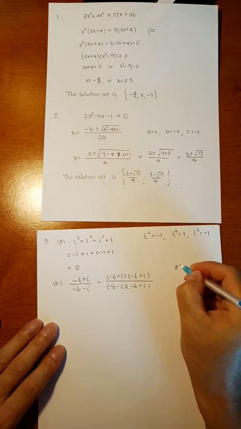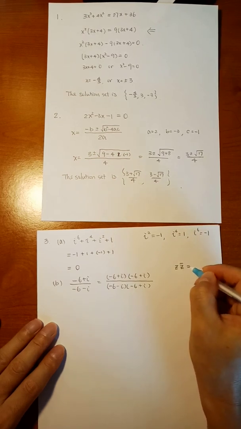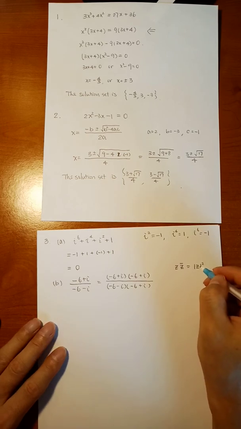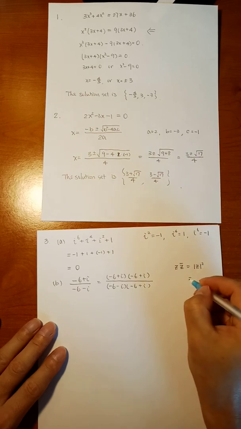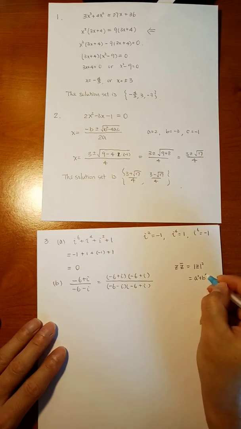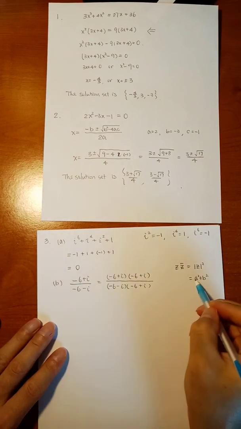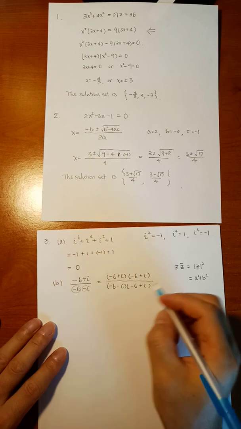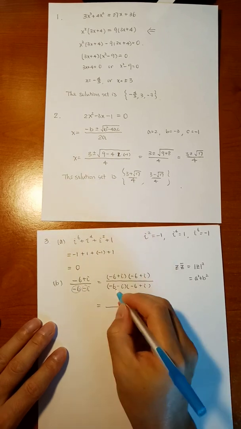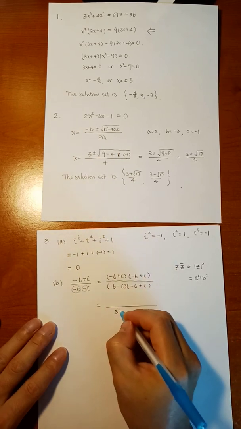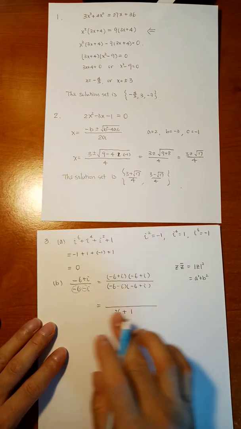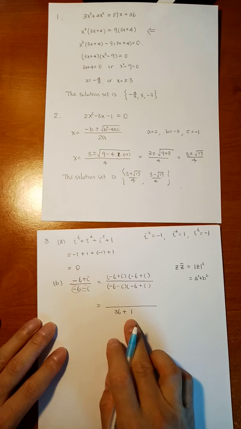When we have multiplication with a complex conjugate, it is equal to the absolute value of z squared, or the modulus of z squared. It's equal to a squared plus b squared. Okay, so here a means the real part, b is the imaginary part. So the denominator becomes -6 squared plus -1 squared. Always like this.